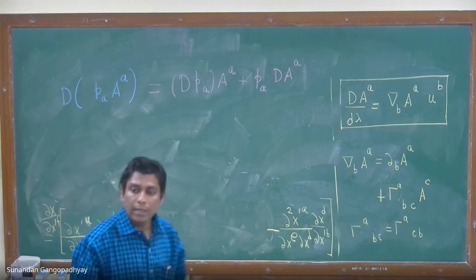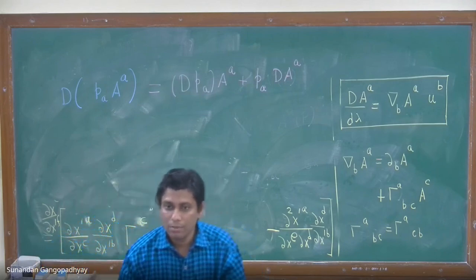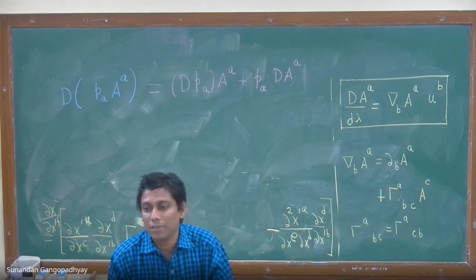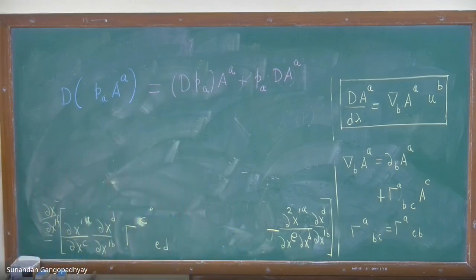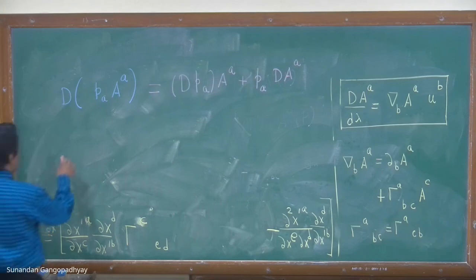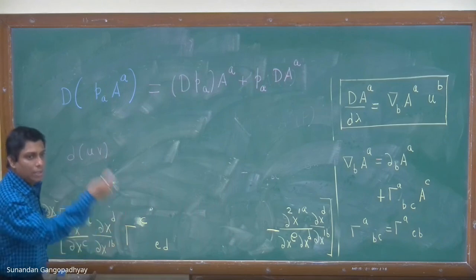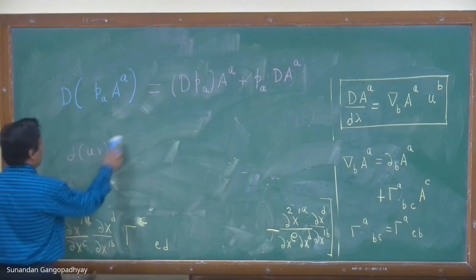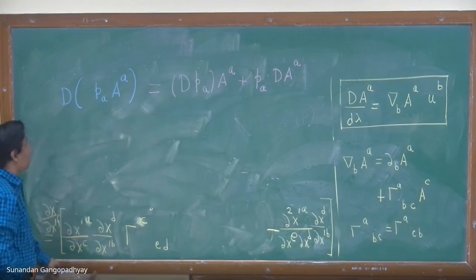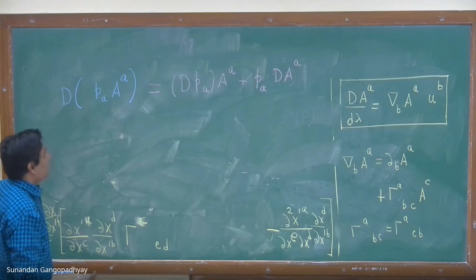This is basically the chain rule of differentiation. We have all learned the chain rule, d of uv equals du v plus v du. So this operator also has this property. It's some kind of covariant differentiation operator.